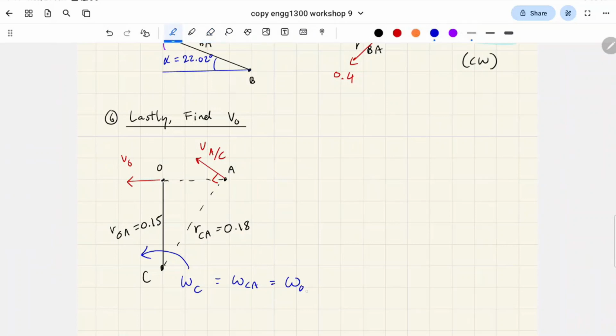It's also omega OA. CO, sorry. CO, it's CA, right?